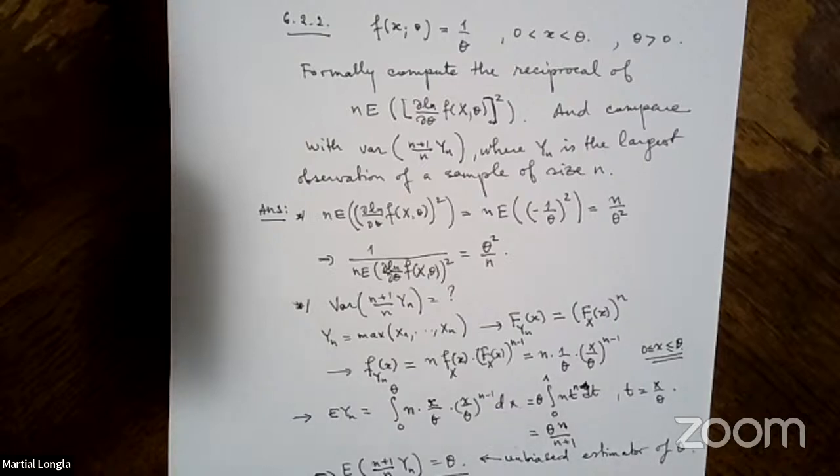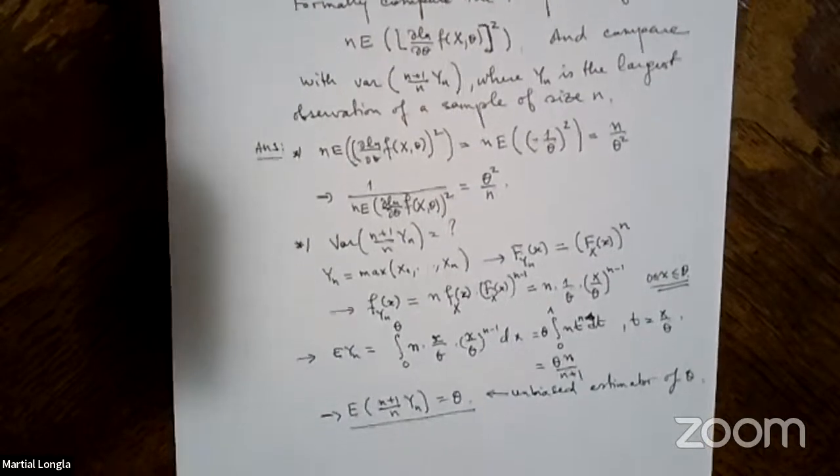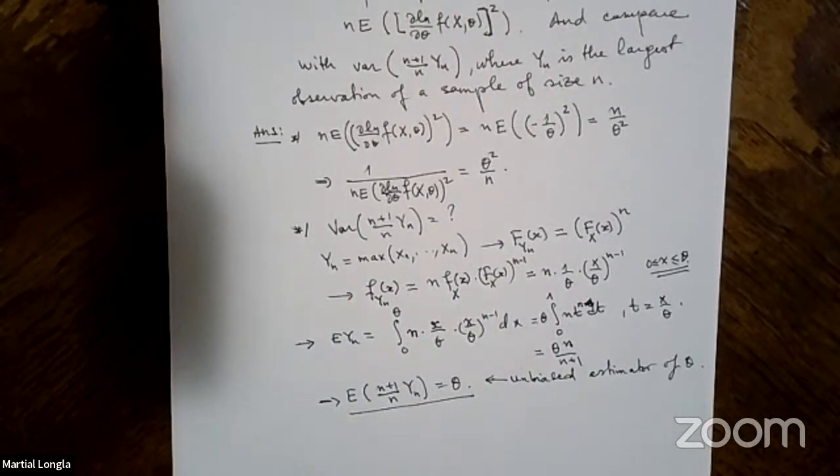And because it is an unbiased estimator of theta, that also means that k of theta in this example is going to be equal to theta. So k prime is 1, and therefore the Rao-Cramer lower bound is just going to be 1 over n times the Fisher information.